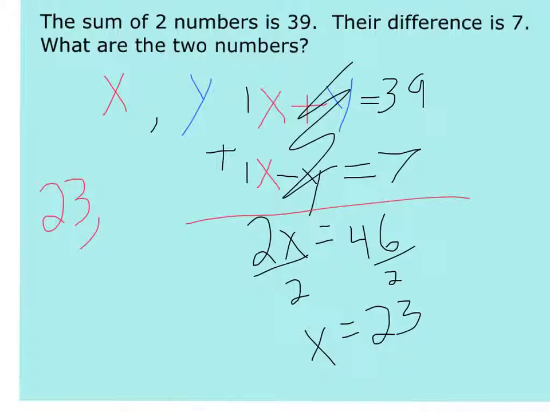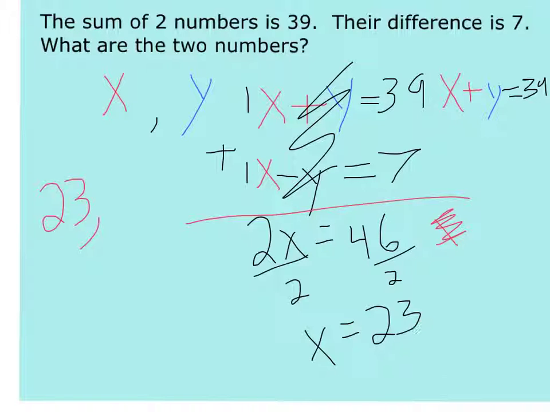Well, I can use this equation right here, even though I crossed it out. Actually, I'm going to use the top equation. The top equation is x plus y equals 39. So remember, we're going to substitute in our 23 and put it where x is.